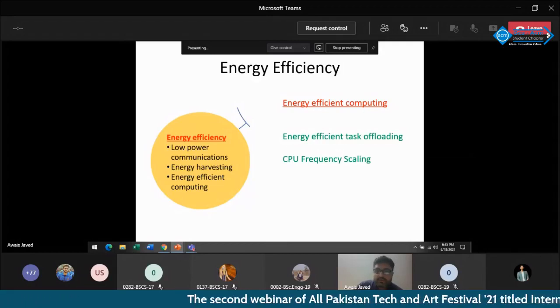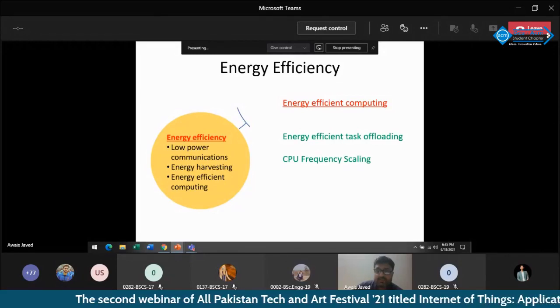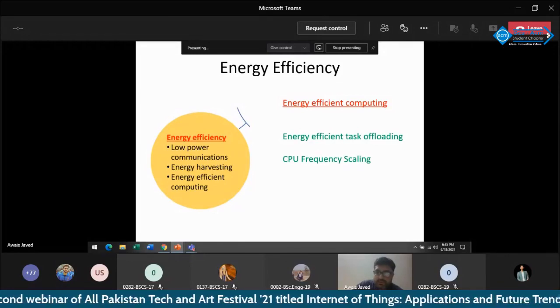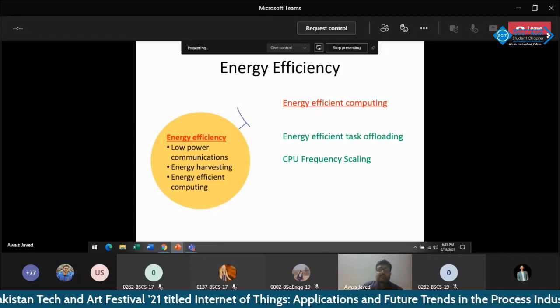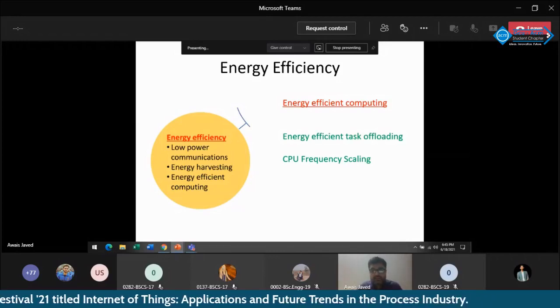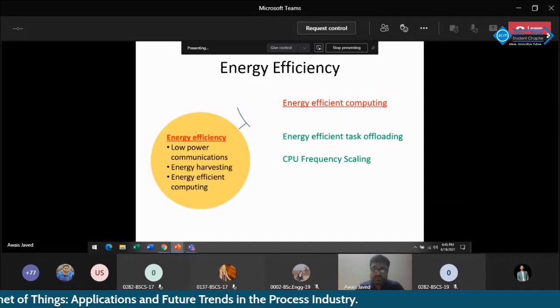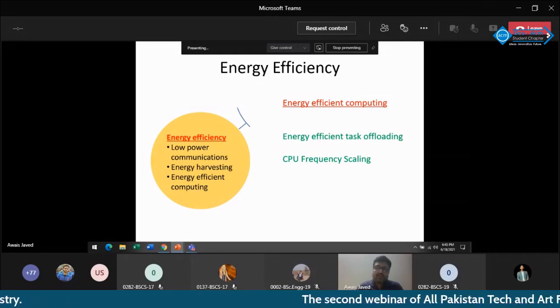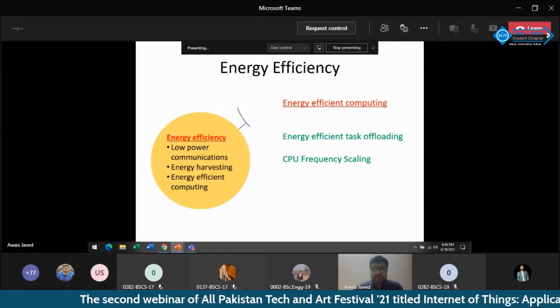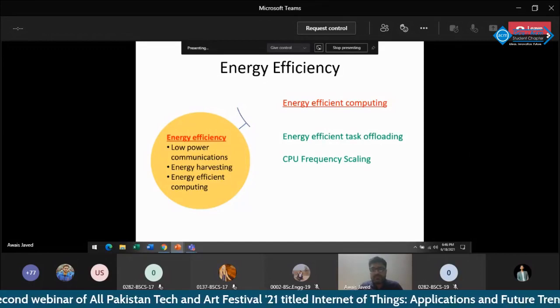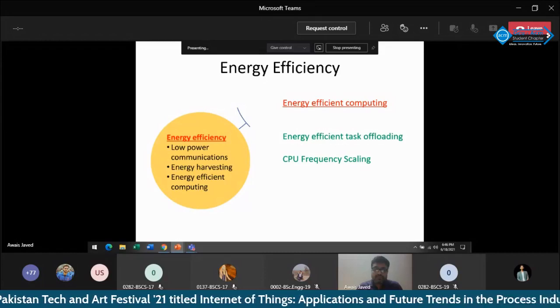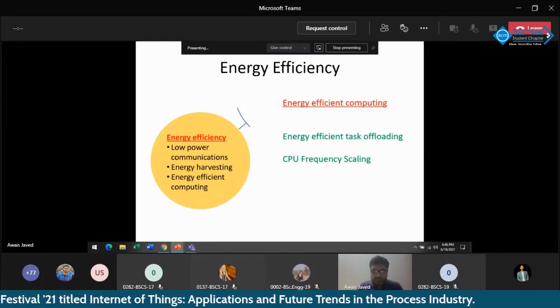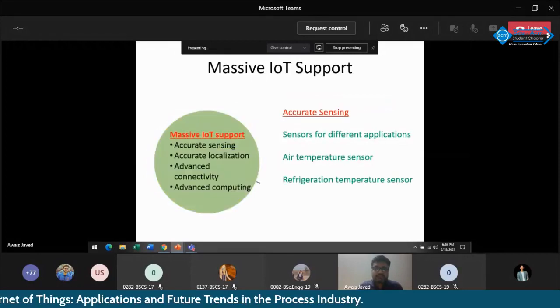On the other hand, if you increase the frequency of the CPU, you are computing at a higher rate, but the disadvantage is that you are consuming more energy. So adaptive frequency scaling techniques can be established that can take data of the current computing load in the network, and adapt the frequency of the computing CPUs. So this is one possible research direction in this area.